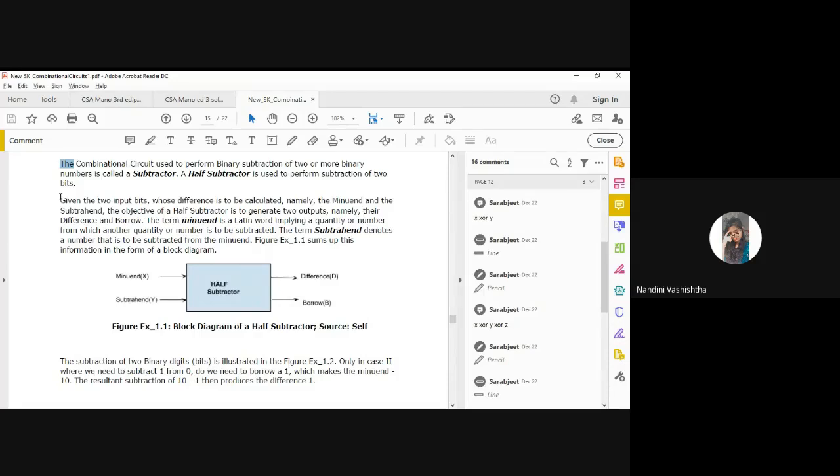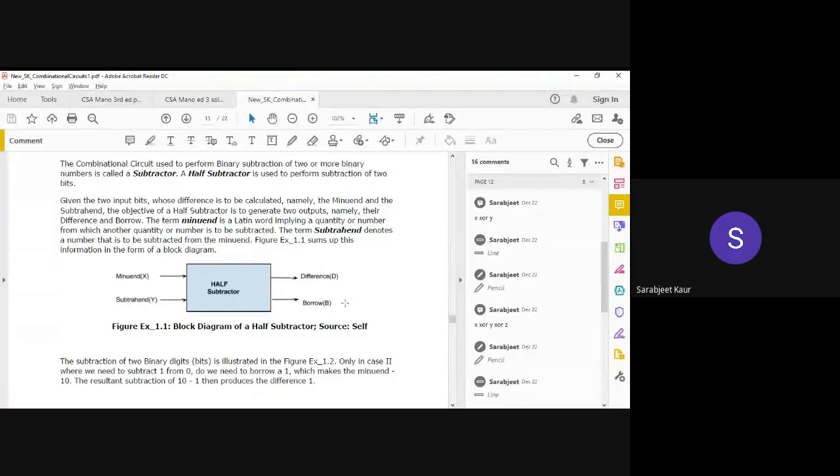And here's the diagram. What you see here is the block diagram of the half subtractor. As was the case in the half adder, we have two inputs here. The inputs in the case of a half subtractor are known as the minuend and the subtrahend, as I just told you. And we are going to be having two outputs in this case as well. The first one would be the difference of x and y, and the second one would indicate whether or not we require to take a borrow from the next position.